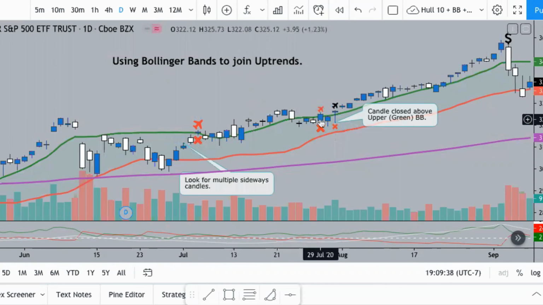So right here, you have step 1, look for price to be trading in between the Bollinger Bands. That's what we have. 1, 2, 3 candles trading in between the green line and the red line. Step 2, wait for price to close above the upper Bollinger Band, which we have right here. All right, step 3, put a stop loss underneath that entry candle. All right, now what happens next?